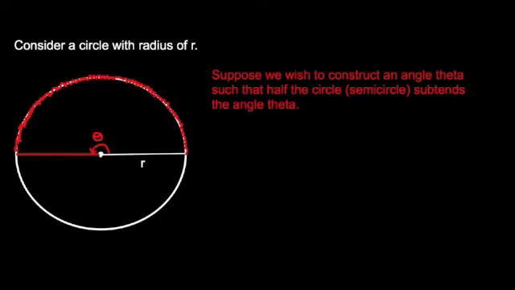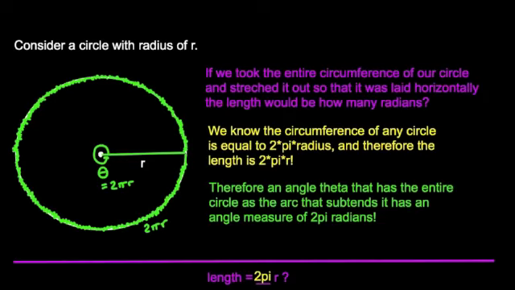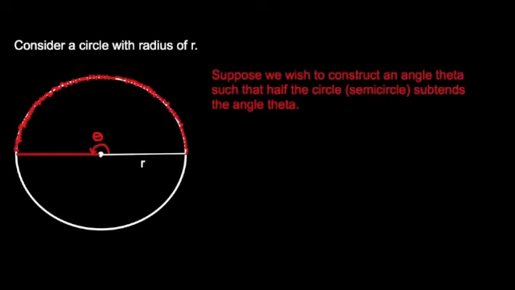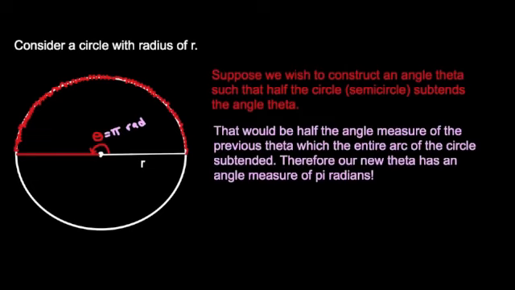Suppose we want to construct an angle theta that half the circle subtends. Well, if in the last circle we had 2 pi radians being the angle measure of an angle that has the whole circle's arc subtending it, then if we're only looking for an angle that's half that measure, of course, that angle would be pi radians.